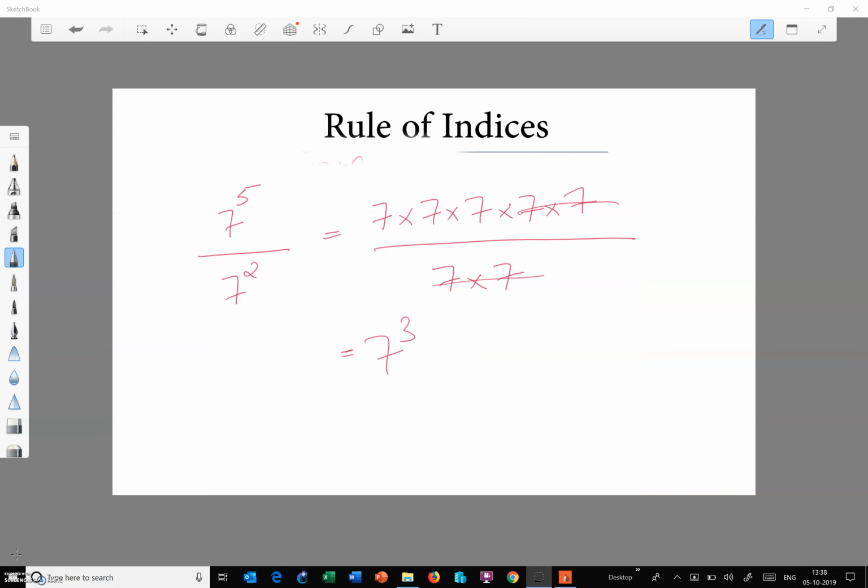This illustrates another rule of indices, which says x to the power m over x to the power n is equal to x to the power m minus n, which means if you want to divide one term of this form by another term of this form, then you subtract the second exponent from the first.